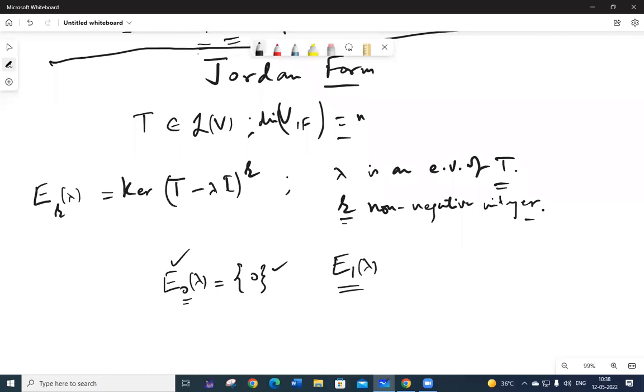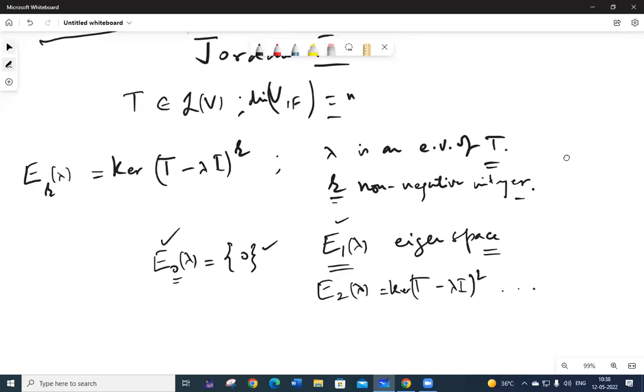This is the kernel of T minus lambda I. That means this is the eigenspace, which consists of the eigenvectors. So what do you mean by E_2(lambda)? This is the kernel of (T minus lambda I) squared, and so on.